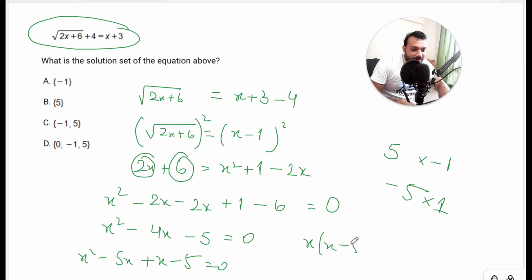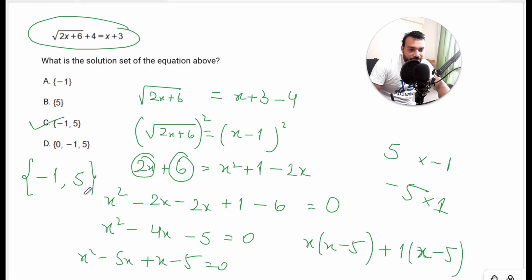X minus 5 plus 1, x minus 5. So x is equal to negative 1 and positive 5. Option C. These curly braces mean that inside these are individual values. So two values are possible. These are the solution sets. So that is option C. Okay, let's go to the next one.